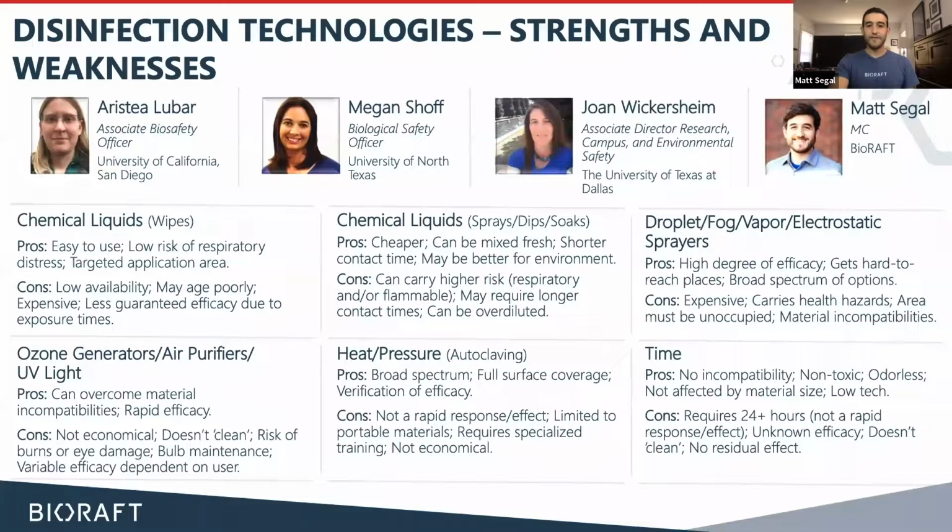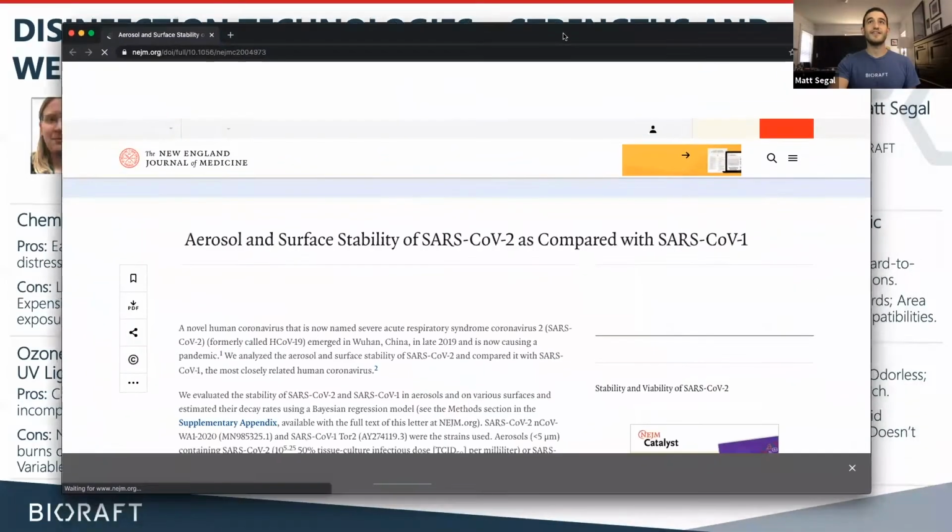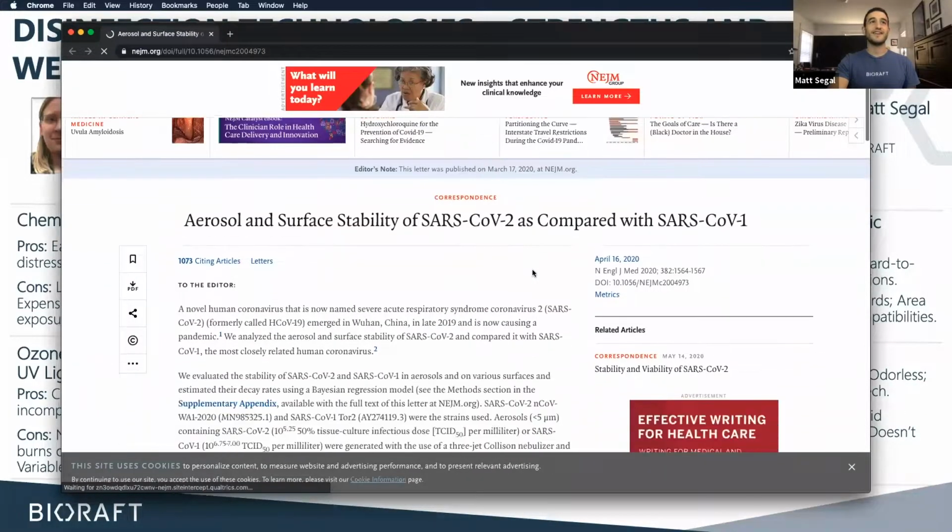There's a question here from Jessica saying, I'm curious where you got the 24-hour survival time from. This article in the New England Journal of Medicine found up to 72 hours on plastic and stainless steel. And she links to, I think, the classic early NEJM article that we've all seen a few times here. Let me pull that up for everybody to take a look at so there's some context.